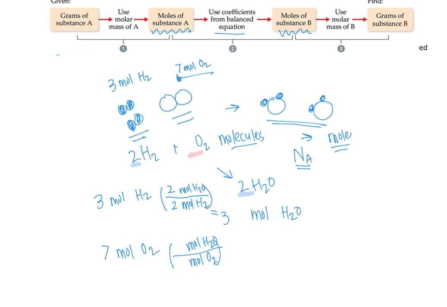Here I have 1 oxygen for every 2 waters. So I'll put a 1 in front of oxygen, a 2 in front of water. So in this case, I could make 14 moles of water. So if I think about who I'm starting with, I know that oxygen is going to be able to make more waters in this case with this sample that I had than my hydrogen would be able to.